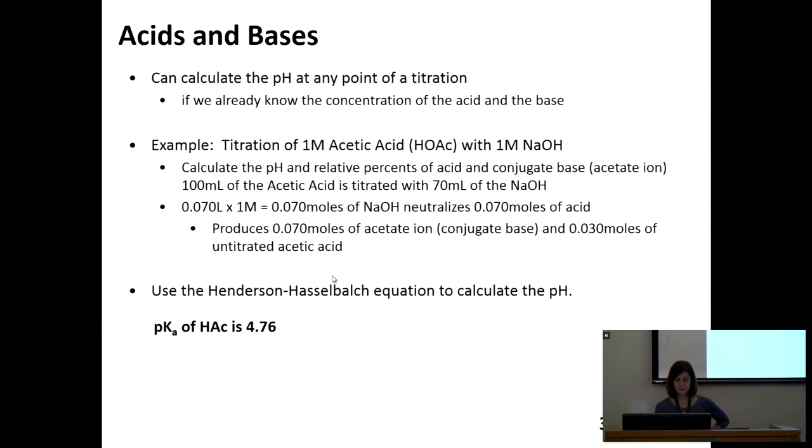So what we're going to do is look at our Henderson-Hasselbalch to help us calculate the pH at that point where we've added 70 mils of our sodium hydroxide. And the pH is going to be equal to the pKa of the acid plus, I would have to give it to you. Yeah, you are not to memorize any pKas.